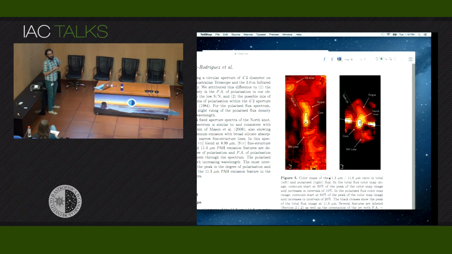So yes, we detect it. And the vector polarization is the same? The vector polarization is the same in the north, but in the core, in the south node, it changes a little bit. We are studying that right now, so we don't really understand exactly how that happens. We have a meeting in 2 days in Madrid to discuss those results. Okay, thank you.